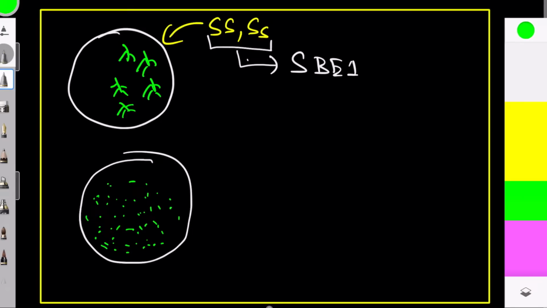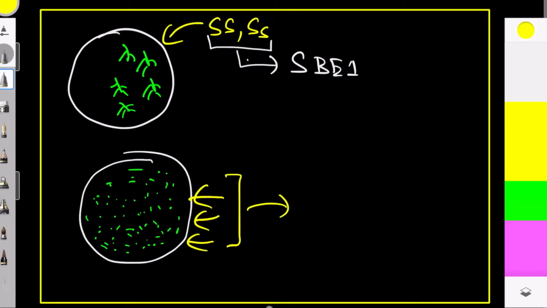Now try to see here, in this situation when you have more number of sucrose molecules, what is going to happen? Water will enter. So water will enter, and these seeds are going to have high osmotic pressure, very high osmotic pressure.